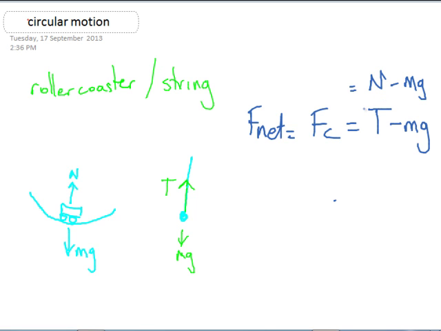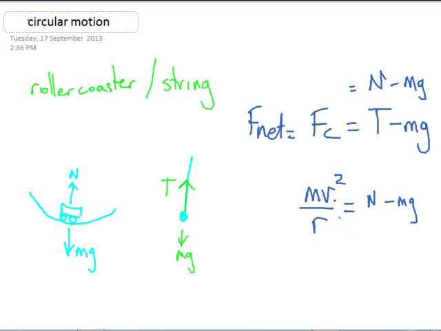So it's a force analysis to start with. Find my net force, and then I know that my net force, mv squared on r, is equal to my normal reaction force or my tension force minus the weight force.